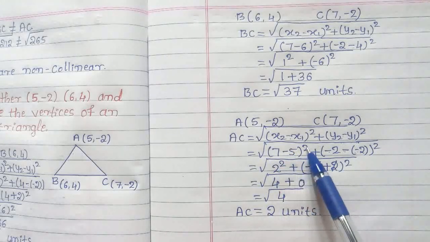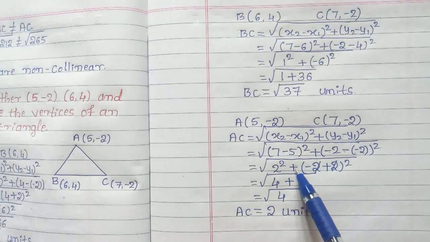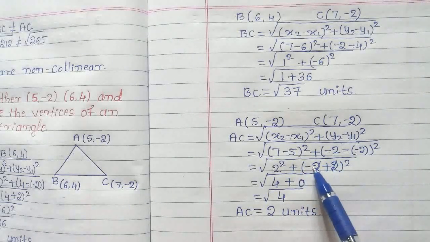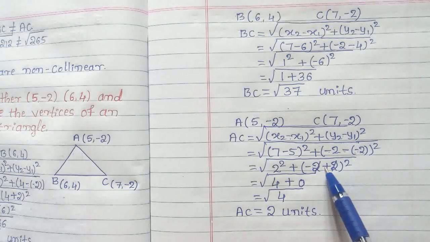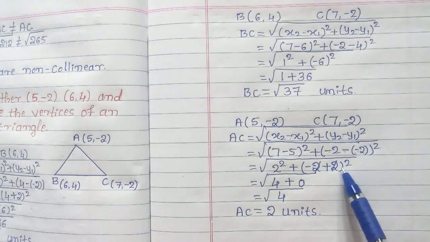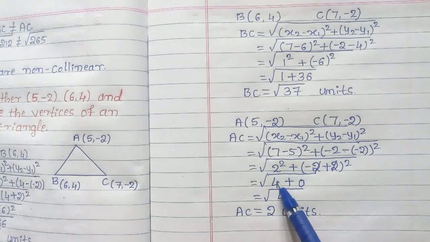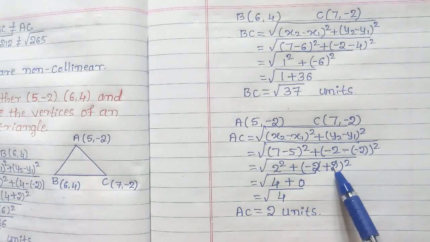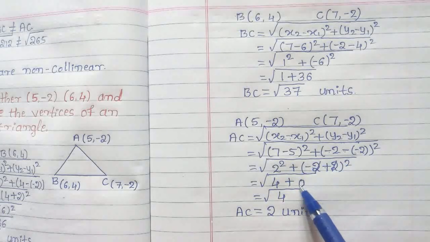Then 7 minus 5 whole square is 2 square, plus minus 2, minus into minus becomes plus 2 whole square. Then 2 square is 4 plus minus 2 plus 2, these two cancel, it becomes 0. Then 4 plus 0 is 4. Square root of 4 is 2 units.